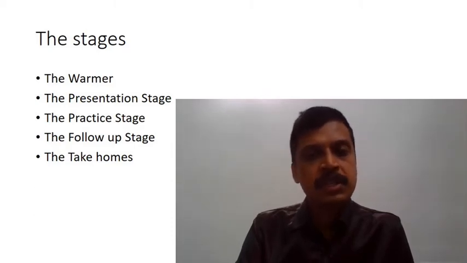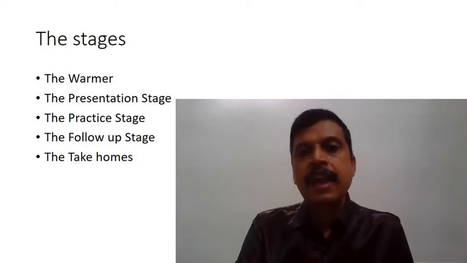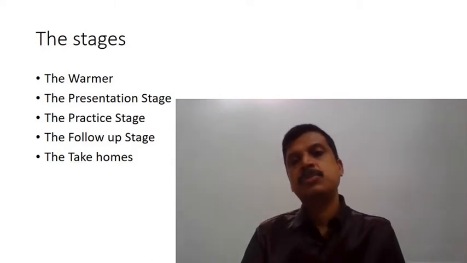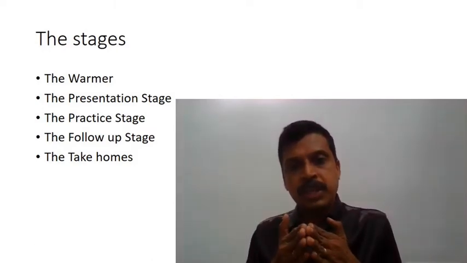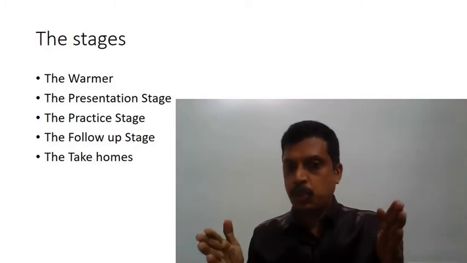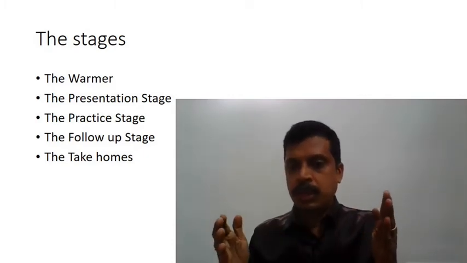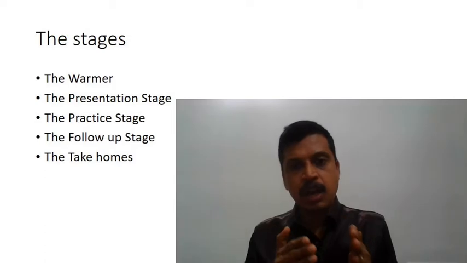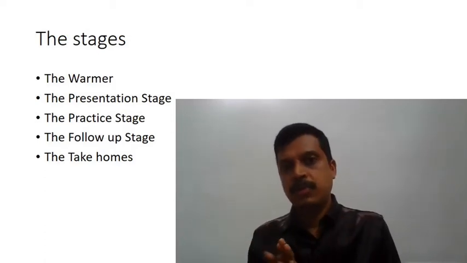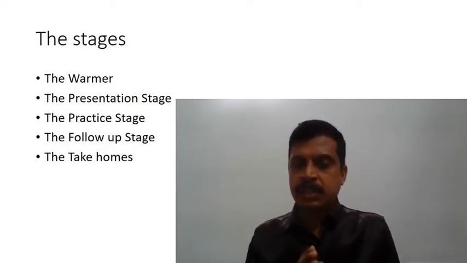So the warmer is to read a story and to underline all the nouns that they have come across. And after that, I'll ask them to group these nouns into two. One, count nouns, and the other one is non-count nouns. So I'll tell them the difference.